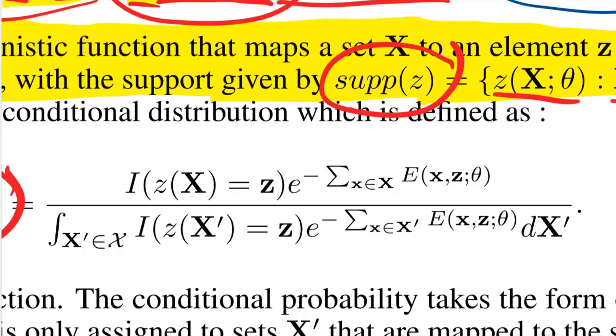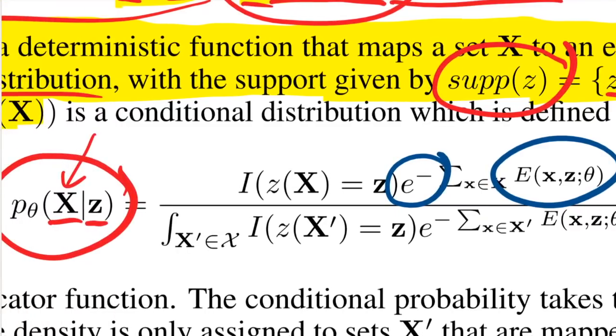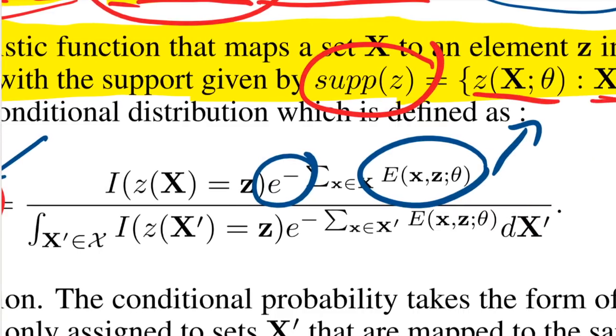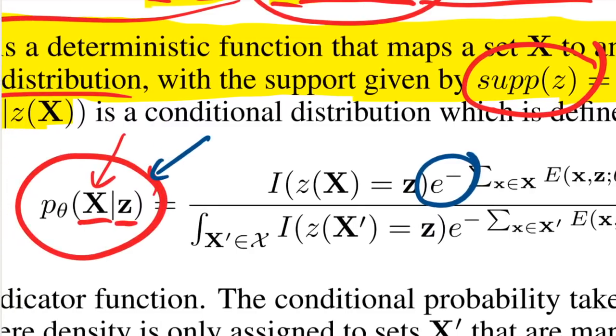If you're not happy, you'll output a super high number here, which will make this negative exponential really close to 0, and therefore the probability, you say, if I'm not happy, the probability should be close to 0. However, if you're really happy, you'll output a low number right here. Now the energy always has to be greater or equal to 0, but the lower you go, the higher this probability is going to be.